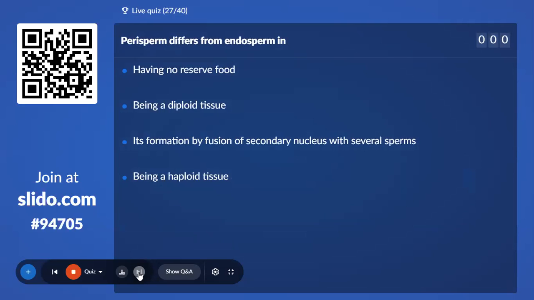27th question on the screen. Again, simple question. Perisperm differs from endosperm in option A, having no reserve food; option B, being a diploid tissue; option C, its formation by the fusion of secondary nucleus with several sperms; option D, being a haploid tissue.